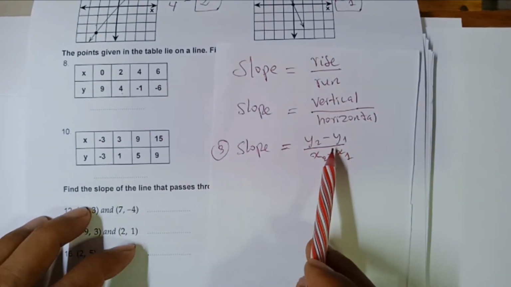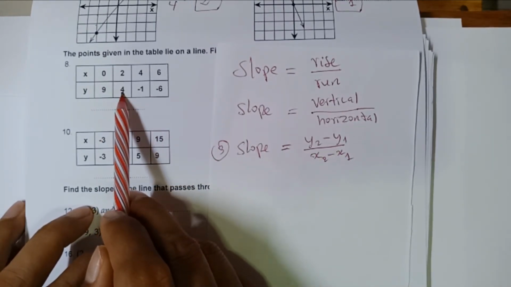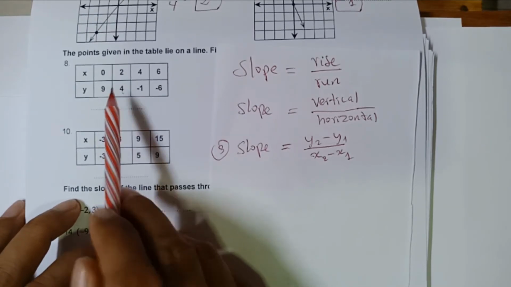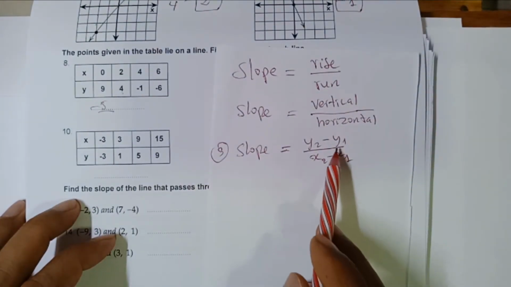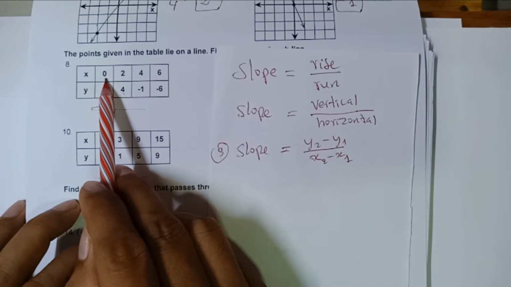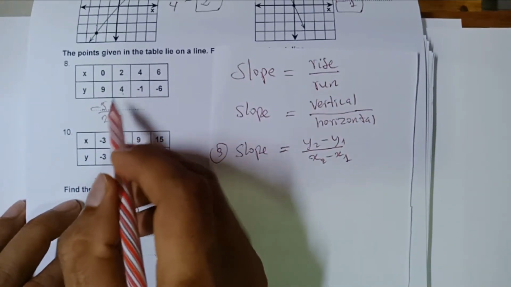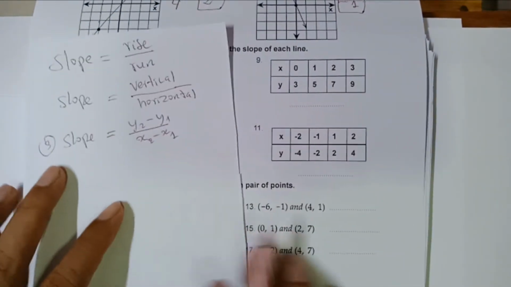With this formula, we have y sub 2, which is 4, minus 9, you have minus 5. Over x2, which is 2, minus x1, which is 0. So 2 minus 0 is 2. So our slope here is -5/2.